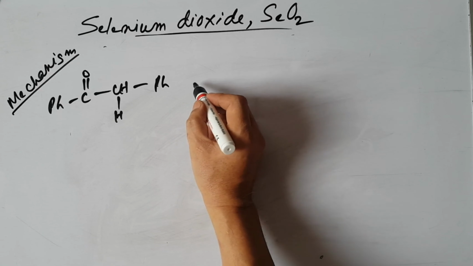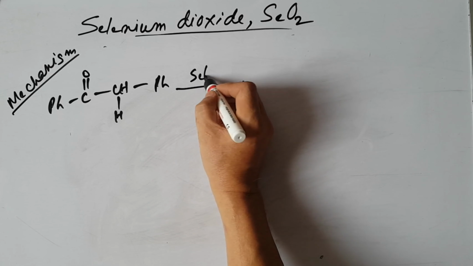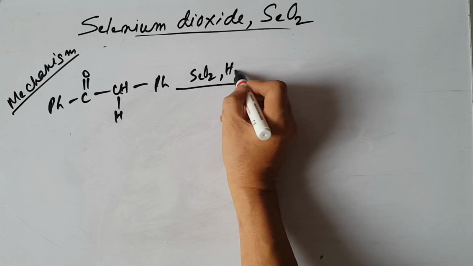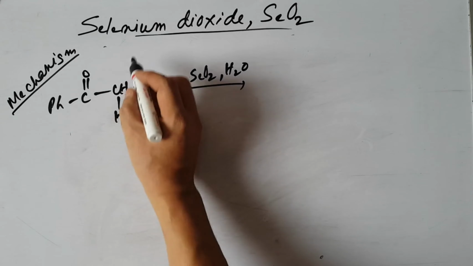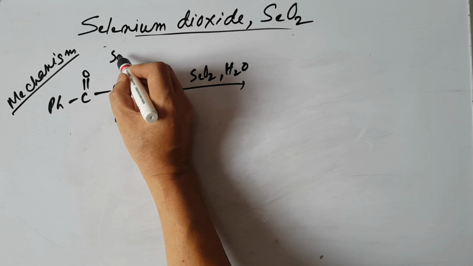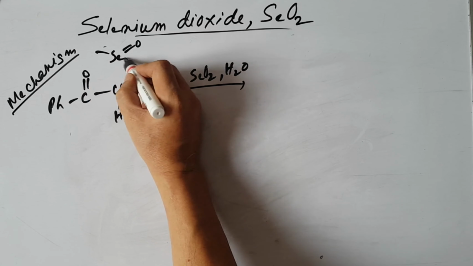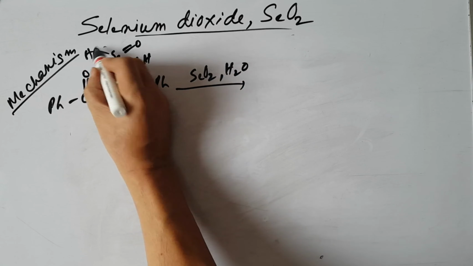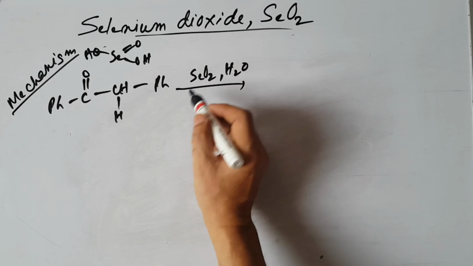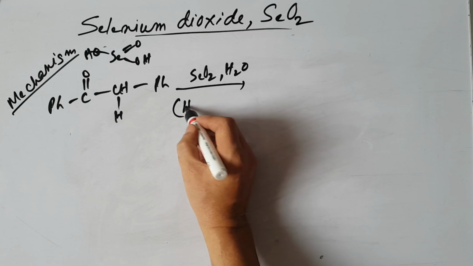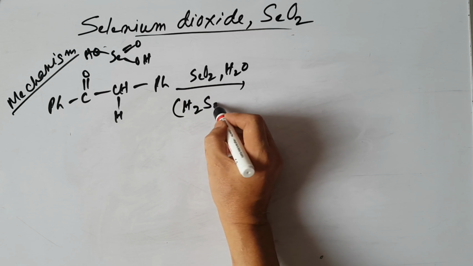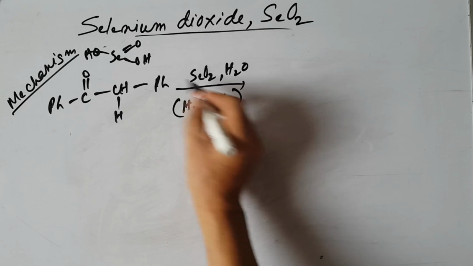So now react with selenium dioxide in water. Okay, so this will give selenious acid. So let us write selenious acid like this, OH, OH, and also OH. Okay, this is selenious acid. By reacting these two, we get H2SeO3, selenious acid.